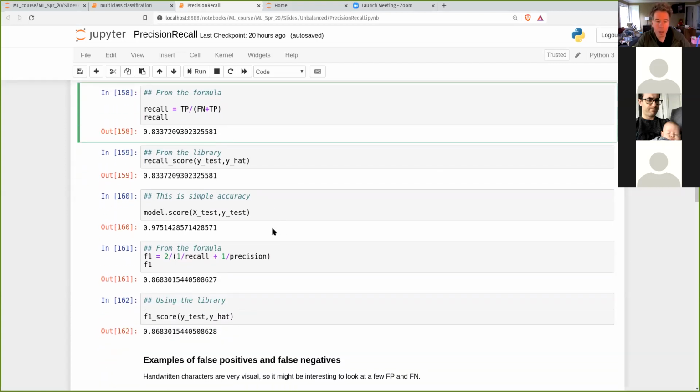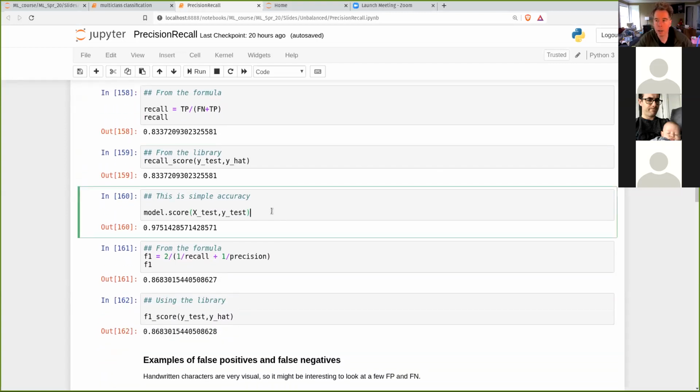If you just get the model score, that's the accuracy. Notice that this is about 98% accurate. That sounds great, but it's not as good as it sounds because only 1/10 of the data is actually 3s. So this is kind of misleadingly good.